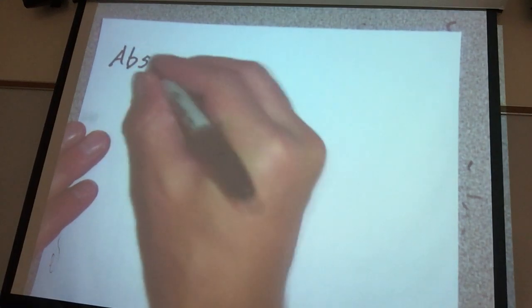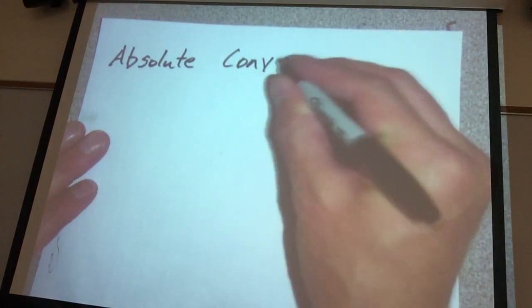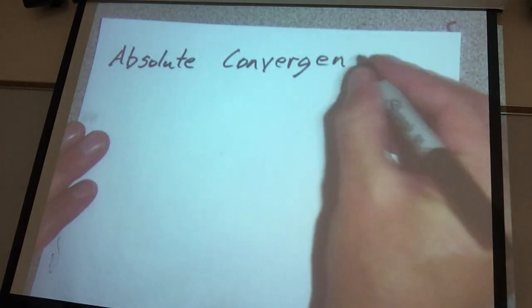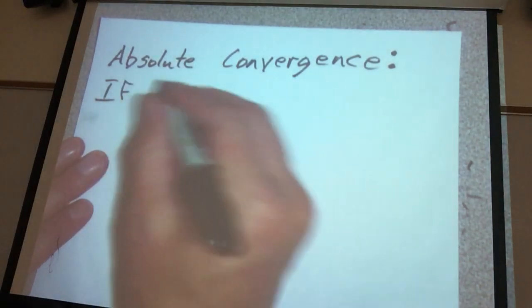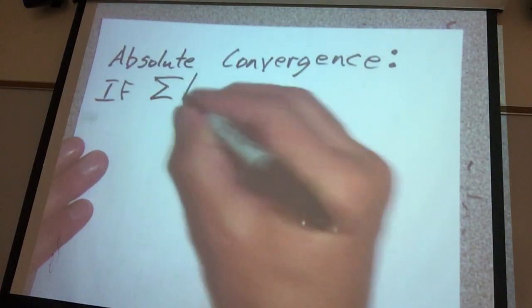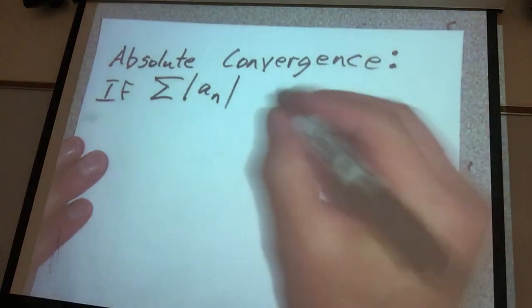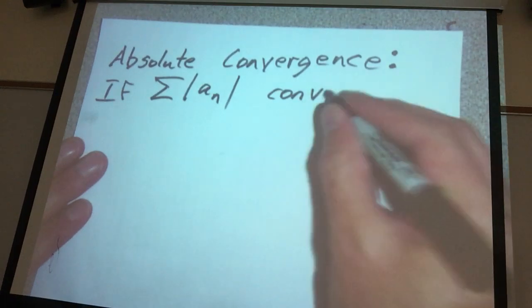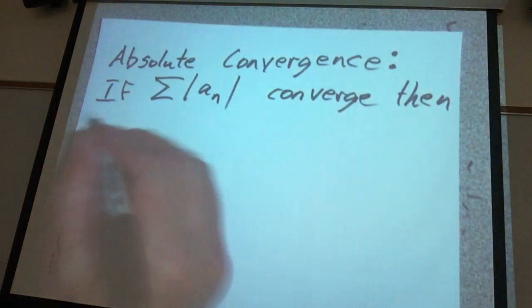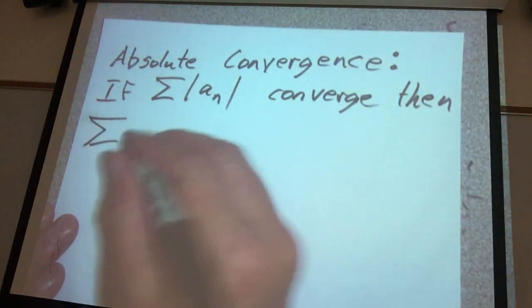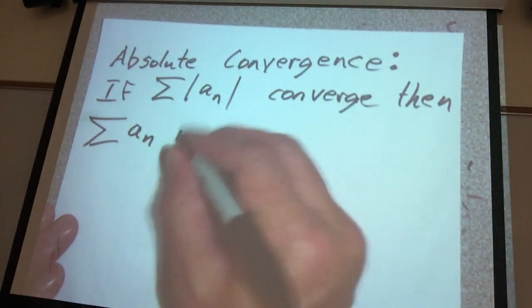So, for absolute convergence, if the sum of the absolute values converges, then the sum of A sub n without the absolute values is absolutely convergent.